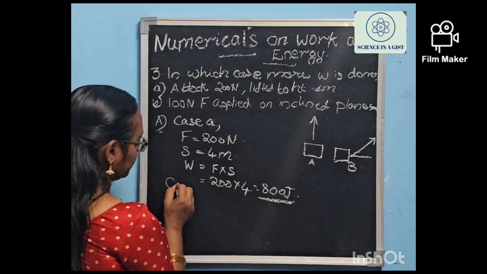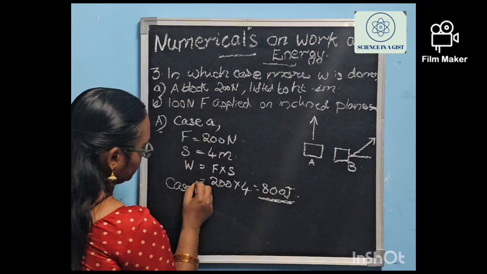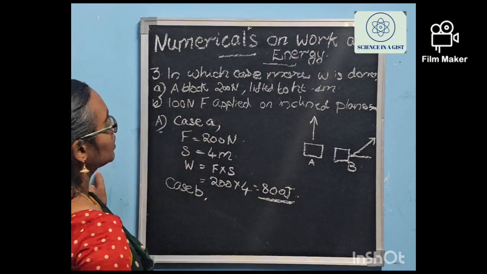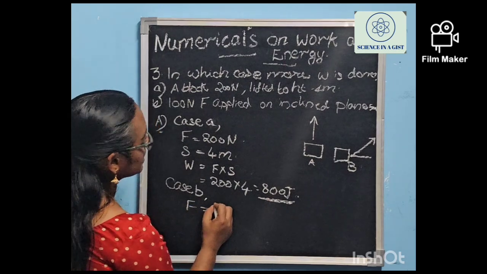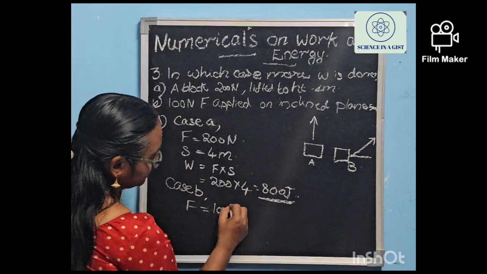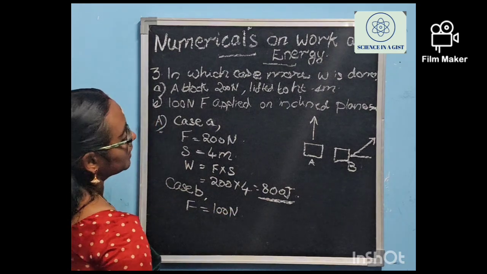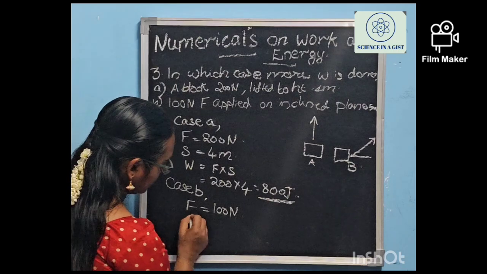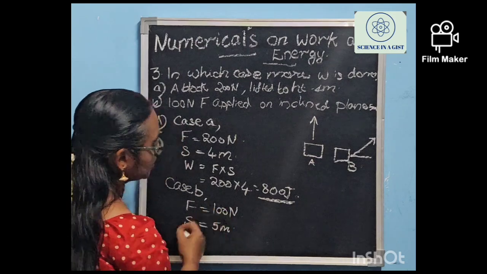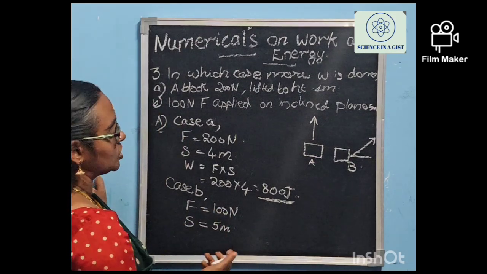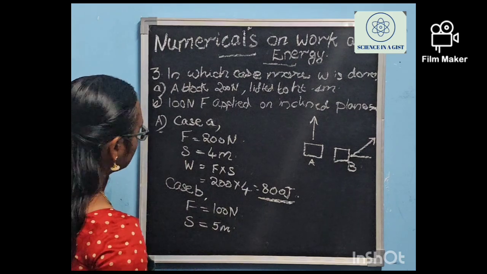Case B. There also force is there, but the value is different, that is 100 Newton. And the inclined plane having length, S is equal to what, ma? 5 meter. There also no need for conversion of CGS into SI and all, because everything is correct.